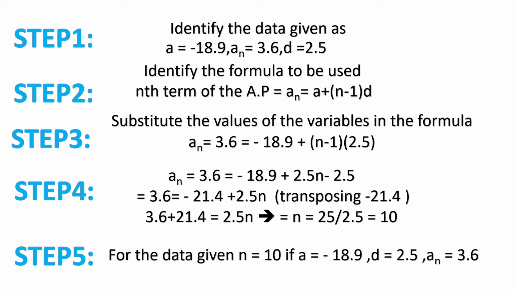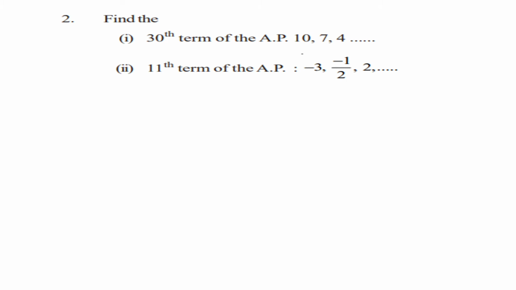So here what we have done, an is taken as 3.6, a as minus 18.9, d as 2.5 and after calculation we got the value of n as 10. That is, the 10th term of the AP is 3.6, where a is minus 18.9 and D is 2.5.